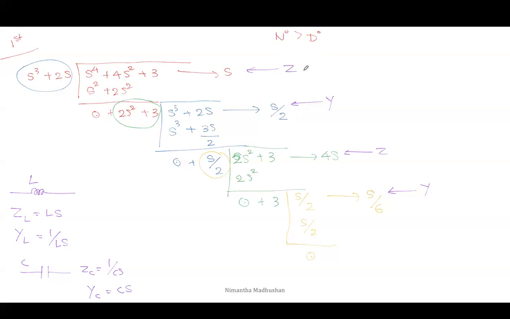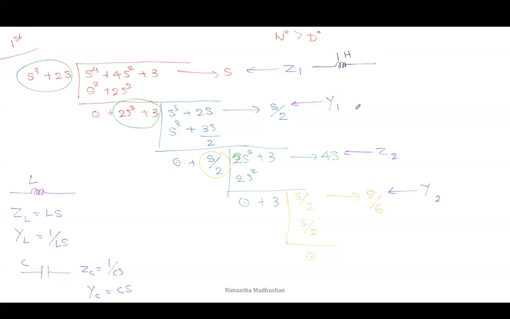If we consider this, my names are Z1, Y1, Z2 and Y2. For this Z1, it is like an inductor with the value 1.